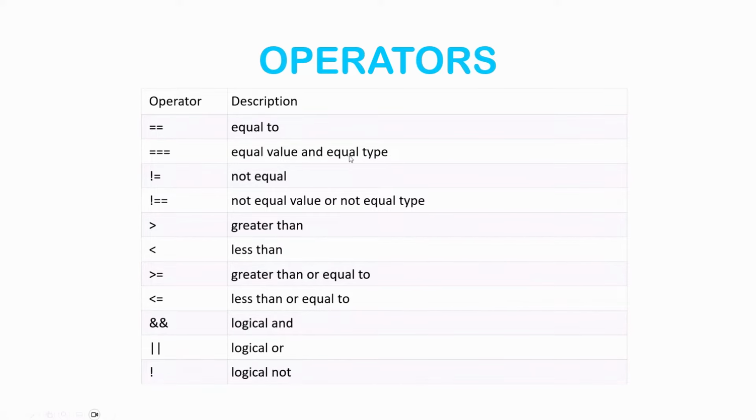I will explain all that later when we start using functions. Then this is not equal to, this is not equal value and not equal type, greater than, less than, greater than or equal to. And when we start using if statements and all that, we're going to see how this one comes into play. Less than or equal to, logical and, logical or, and logical not. So just take note of this because we're going to be using them later, and then we'll make reference to them when we start using them.